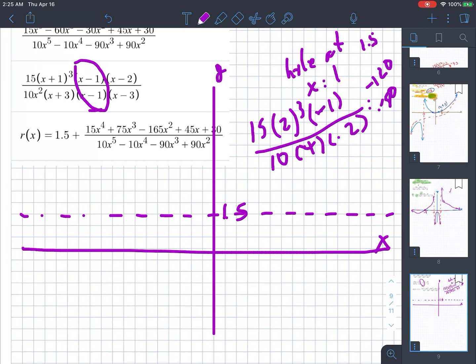So what do we got? That's at 1. We have a hole right on that asymptote. That's interesting. Okay, so now at 2 we have a 0 from this. At negative 1 we have a triple 0, so it's going to slow down when it goes there. At 3 we have an asymptote.